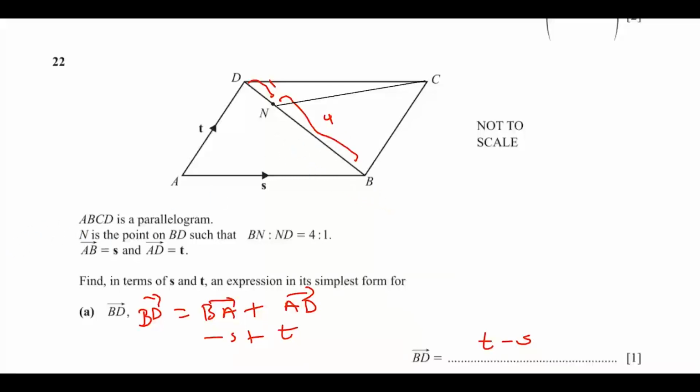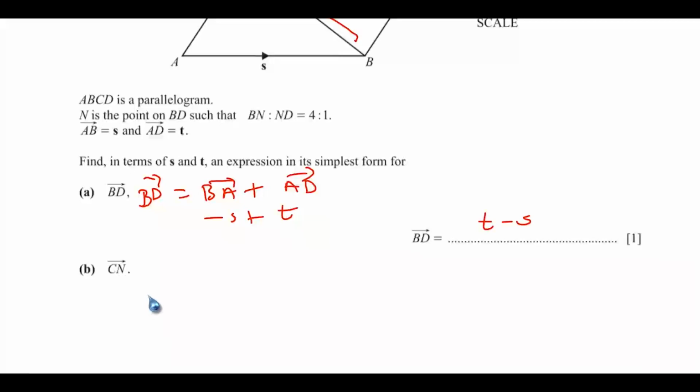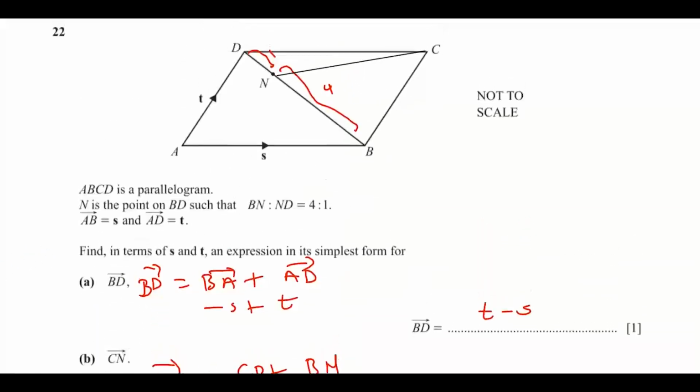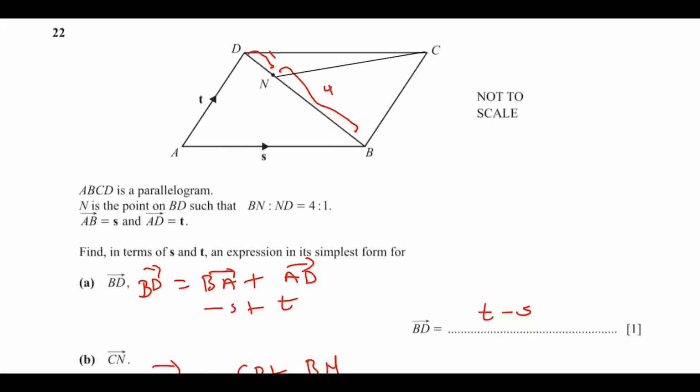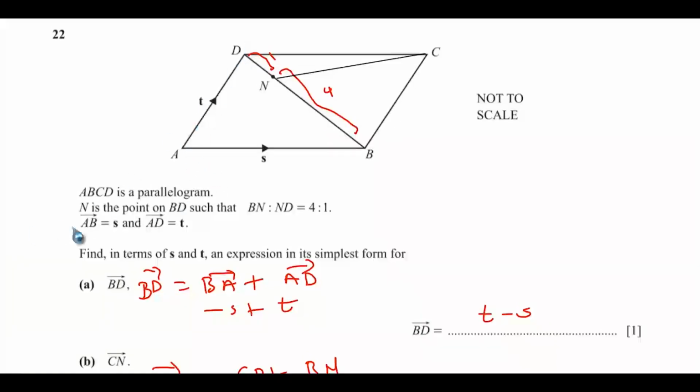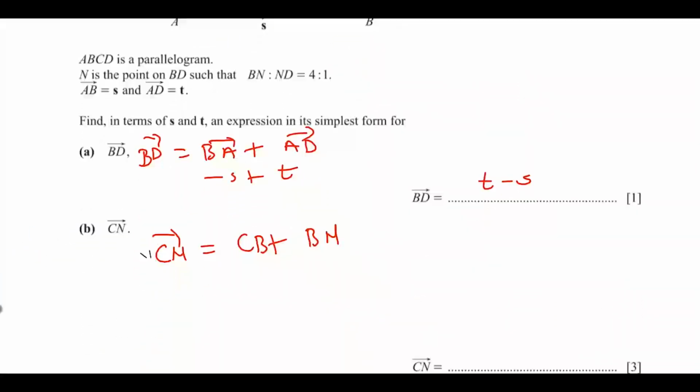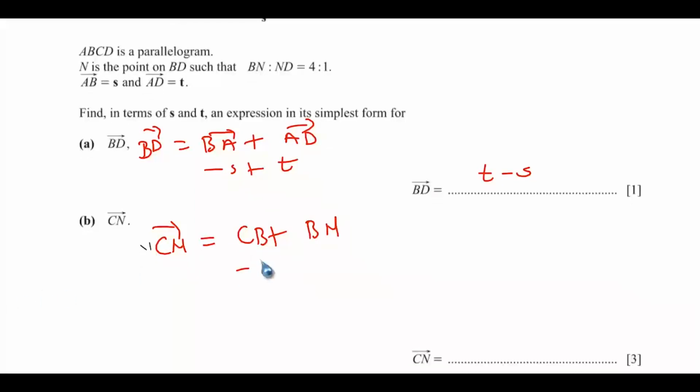So let's scroll down a little bit. So CN will be equal to CB plus BN. So CB, we don't have CB, but we have BC equal to AD, and it is T. So that means CB will be negative T because it's moving in opposite direction.